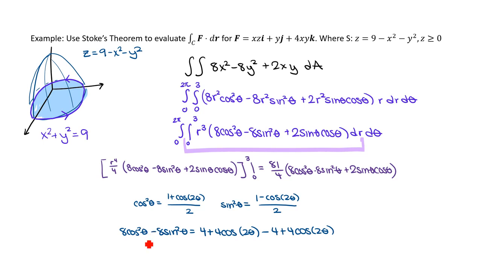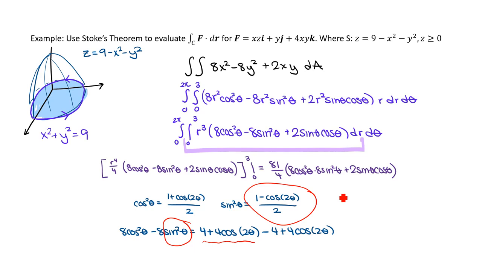So I am going to replace the cosine squared with 1 plus cosine 2 theta over 2. I got 4 plus 4 cosine 2 theta. And then I'm going to replace my sine squared with 1 minus cosine 2 theta over 2.